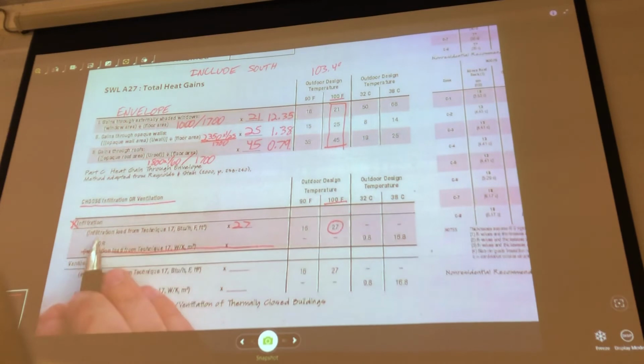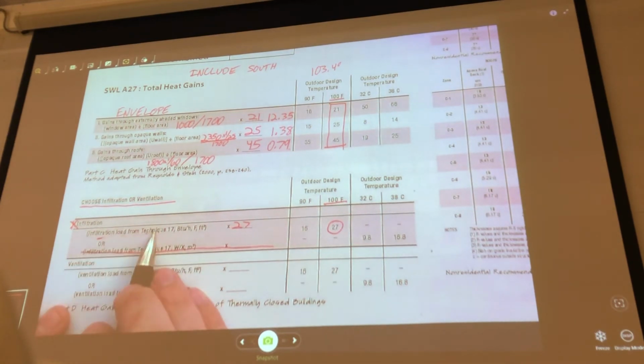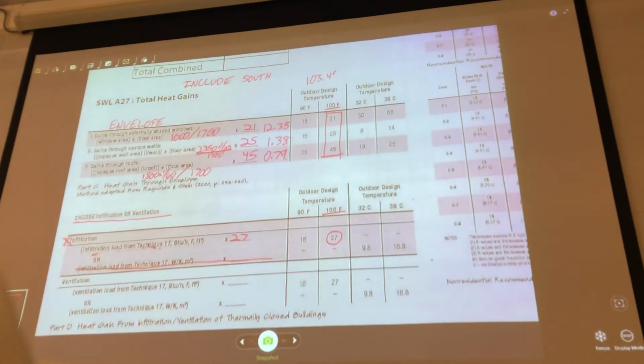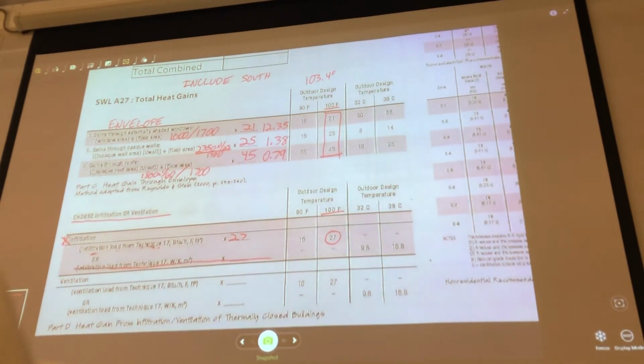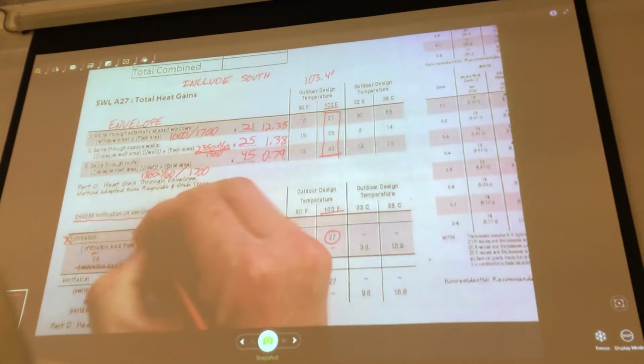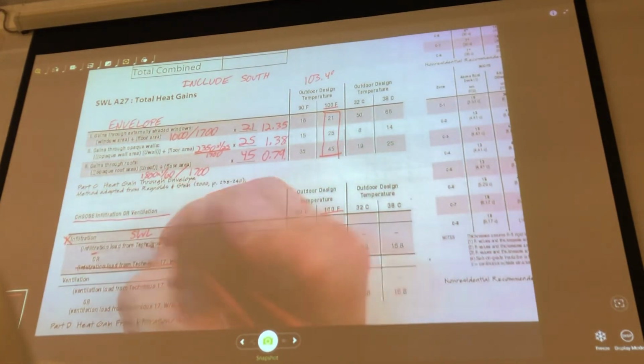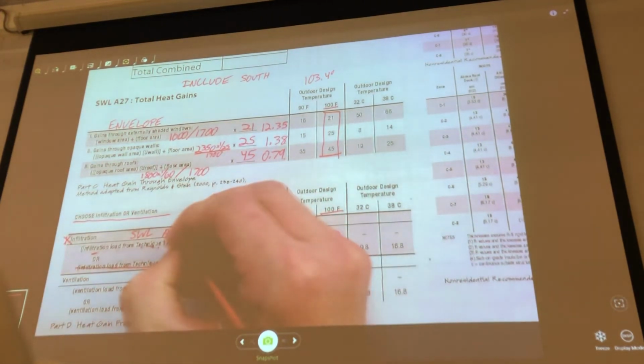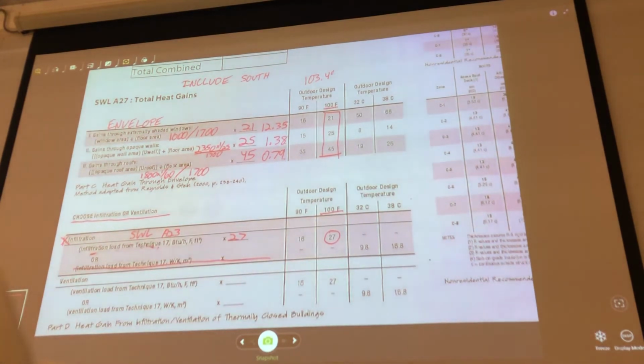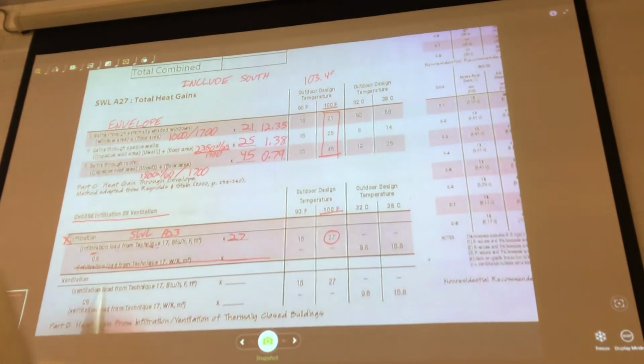I know that it says infiltration load from technique 17. Before they switched over to Sunwind Light version 3, in version 2 it was called techniques, not strategies, and it's actually not even number 17 anymore. It is Sunwind and Light number A23. So whatever you got from A23 times 27.